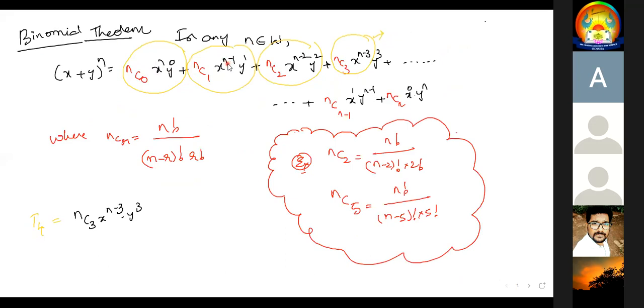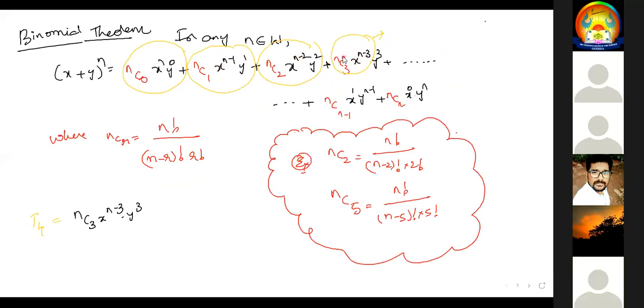First term, second term, third term. This is fourth term. So I wrote the fourth term as nC3 like that. If 4 here, 1 less is there. And x power, both subtraction, y power 3. In the same way, if you want to write the 8th term here, nC7, 1 should decrease. x power both subtraction into y power 7.